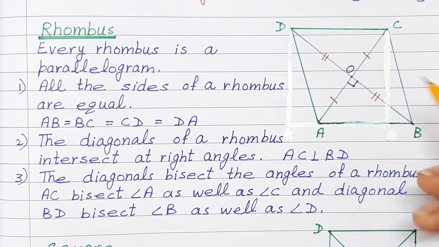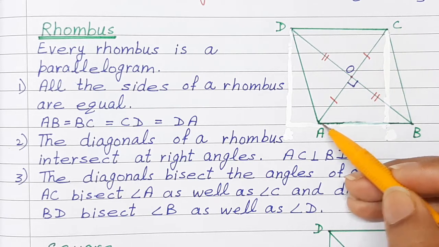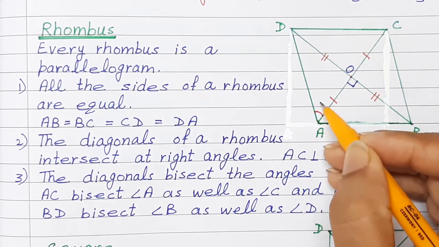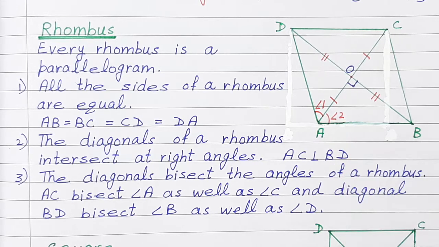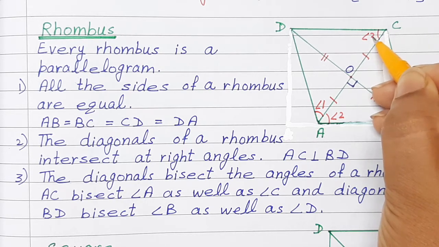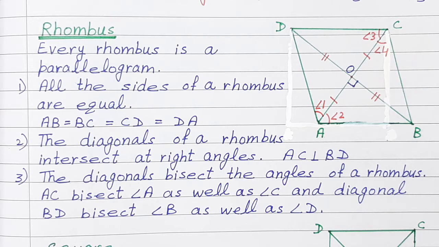This means AC is bisecting angle A as well as angle C. That means you can say that angle 1 is equal to angle 2. Similarly, here angle 3 is equal to angle 4. This is a very important property, children.